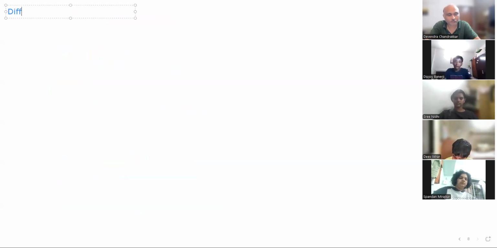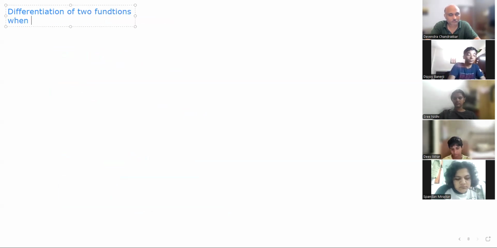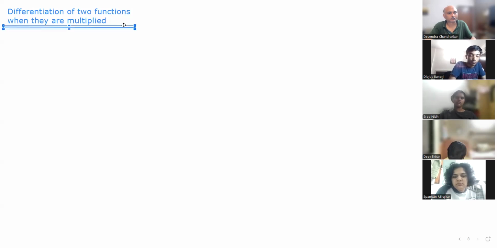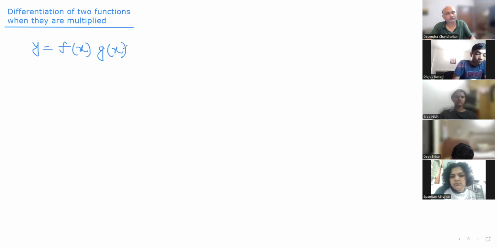So now comes product rule of differentiation. Differentiation of two functions when they are multiplied. So we have y is equal to f x into g x.